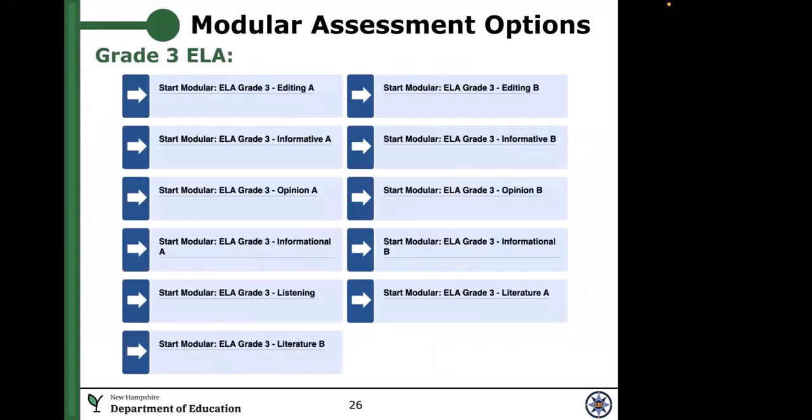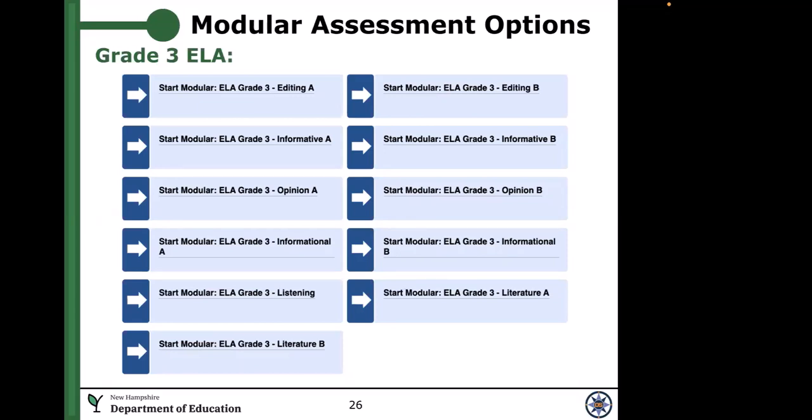When it comes to ELA, I have the same thing sort of coming up here. So these are the grade 3 options for ELA. So you can see that you've got a couple of editing, you've got a couple of, so just so you know, informative is writing, informational is reading. If you were in the assessment viewing application, you would see that right away.